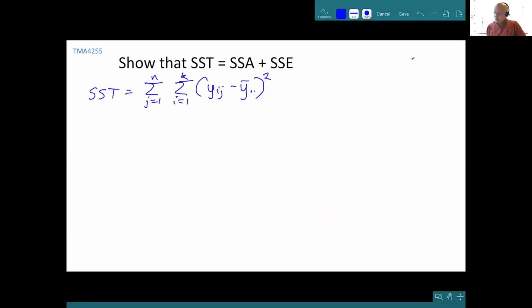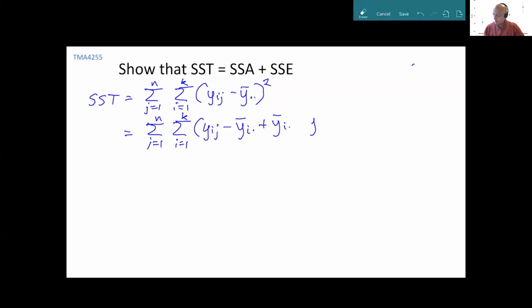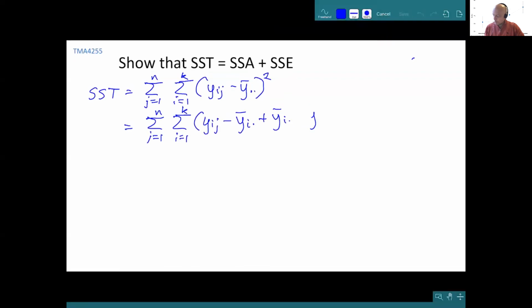And in here I can take plus and minus of the group means. That's something that's possible to do. So I'll take this one minus y bar i dot plus y bar i dot. Oh, I need a minus on this one. Minus y bar dot dot.